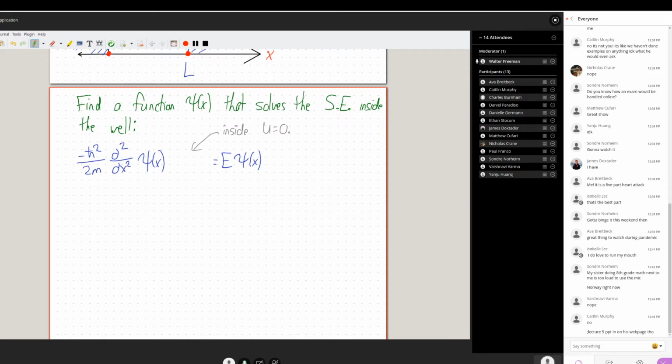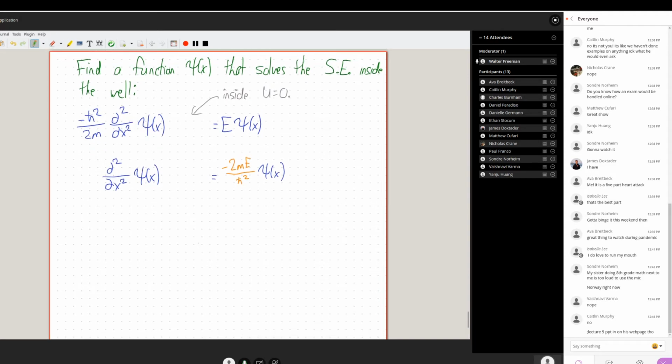That gives me the second derivative of psi equals minus 2me over h bar squared times psi of x. So now we have to be a bit clever.